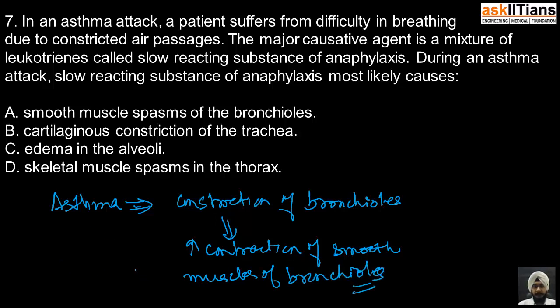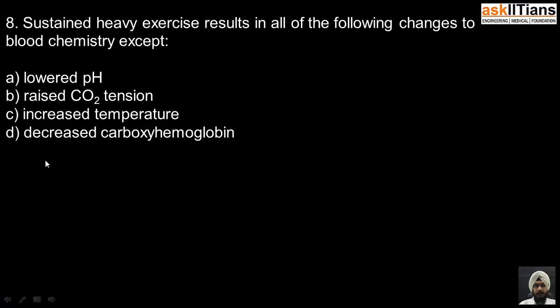So as per this explanation, option A holds true, which says smooth muscle spasms of the bronchioles. So this option is correct. Rest of the options are not valid. So let's go to the next question.